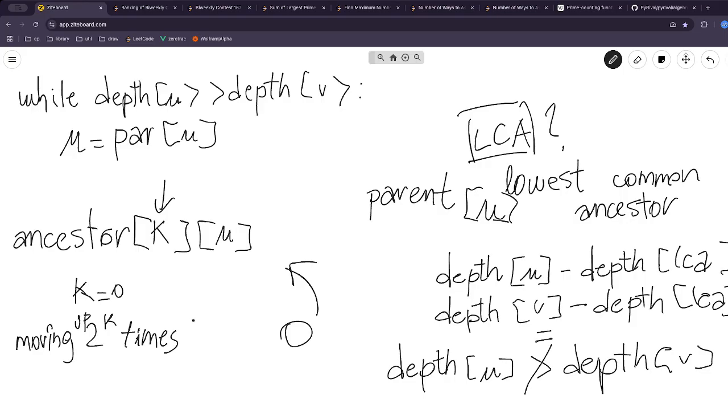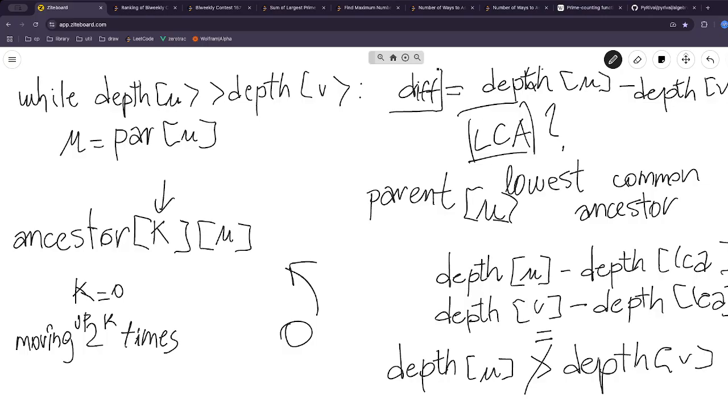So if we could calculate this, then we could do this quickly, because we know that the difference of depth is depth of u minus depth of b.